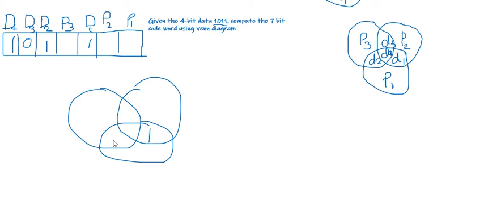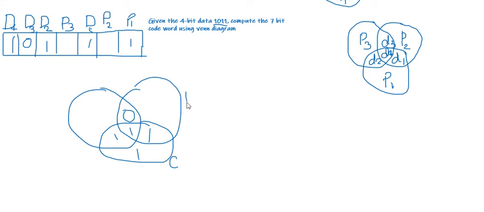So D1 is 1, D2 is 1, D3 is 0, D4 is 1. Okay, now parity bit 1. So you go with circle C for parity 1. It already has 3 ones. I'm using even parity, so maintain an even number of ones. So your P1 is 1.